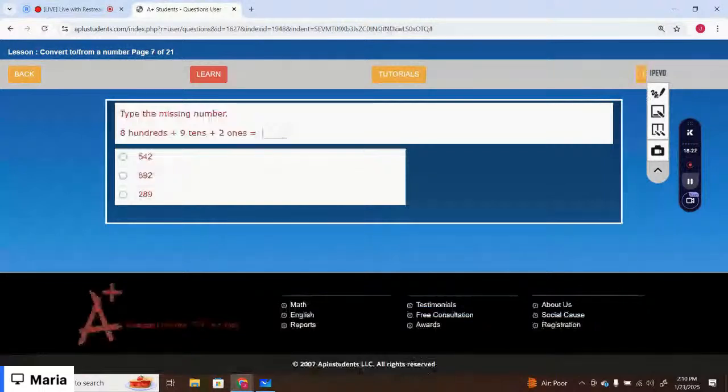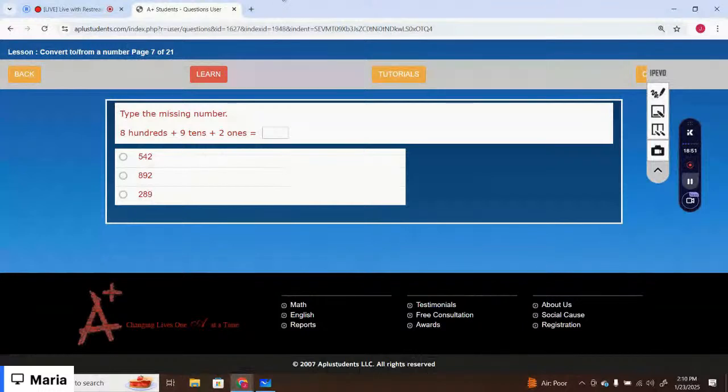Type the missing number 800 plus 9 tens and 2 ones. So, which is the correct option? 800, 9 tens, and 2 ones.